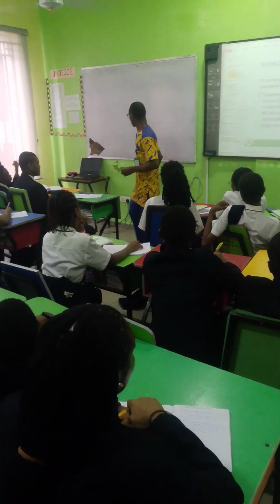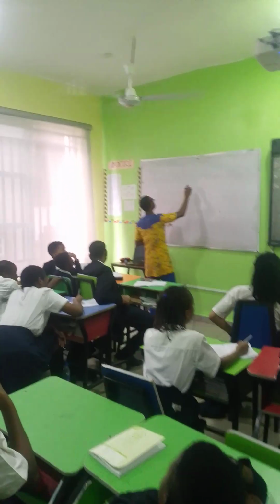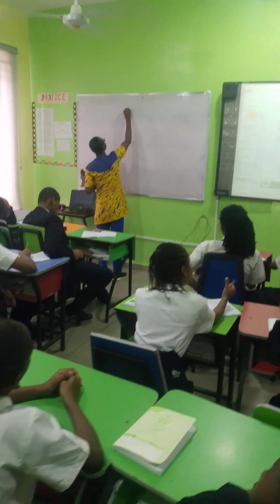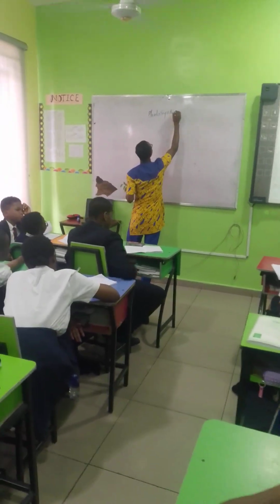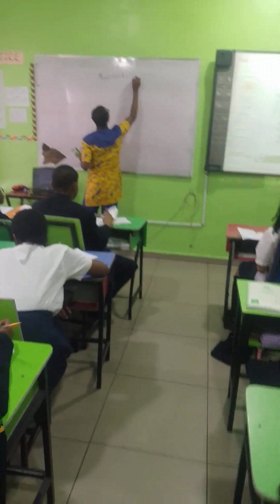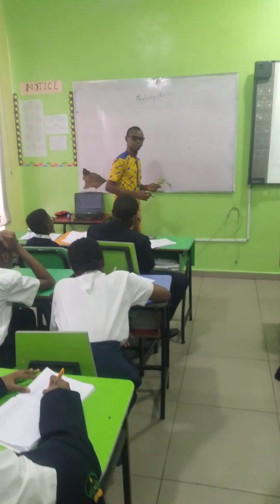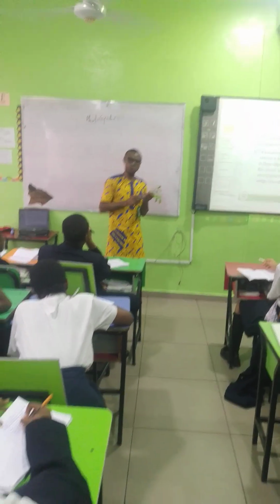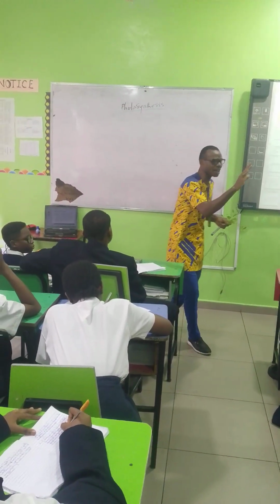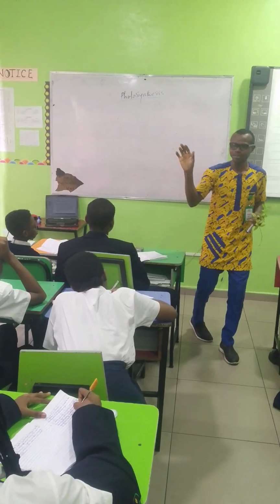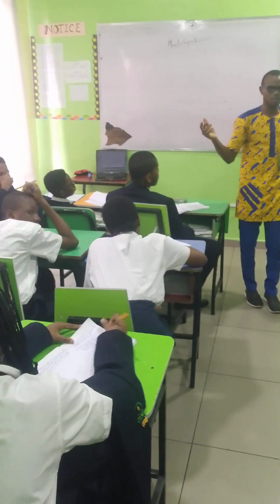This morning we are looking at something new. Who can guess that? Photosynthesis. That's what we're looking at this morning. And in talking about photosynthesis, are we talking about plants or animals? Plants, because animals don't make food by themselves.